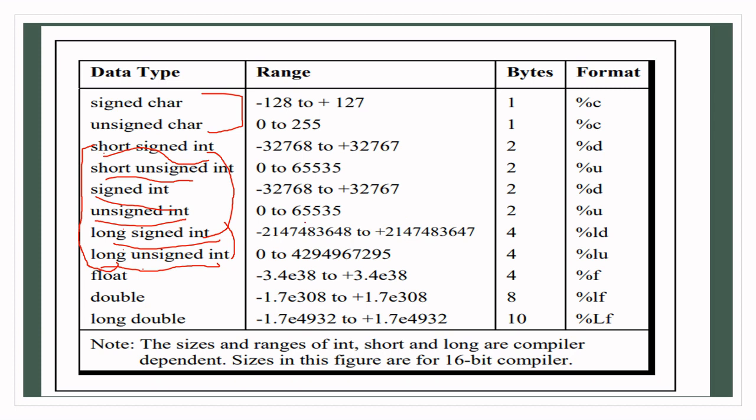Similarly here, 0 to 4,294,967,295. So please remember this format specifier. Generally integer constants are denoted by %d, and in cases where you want very long numbers, you can use %ld.